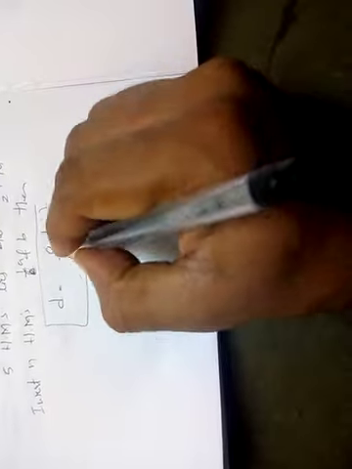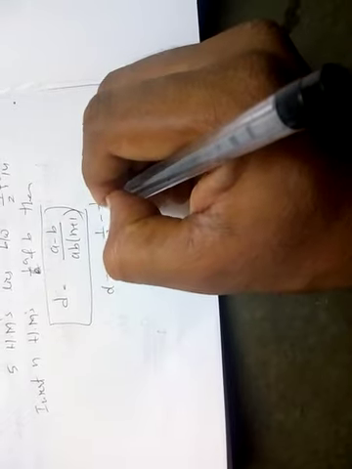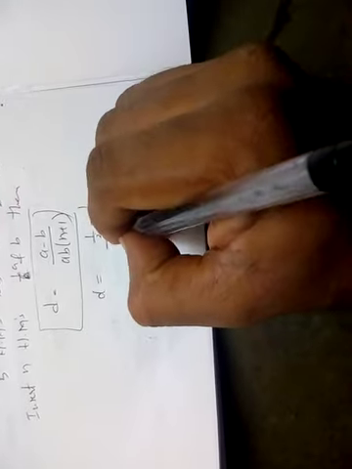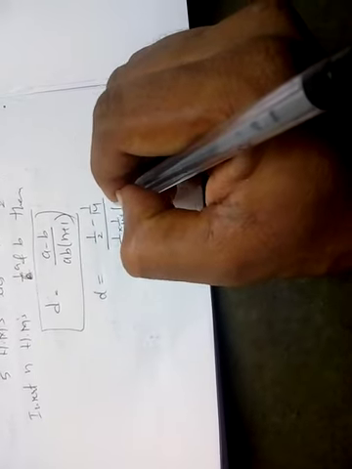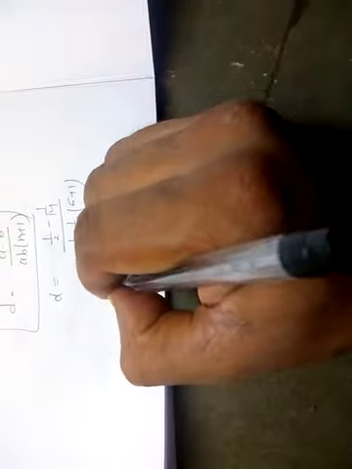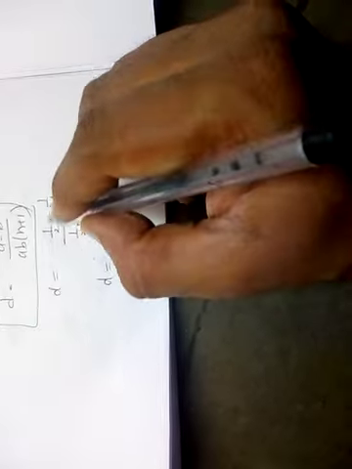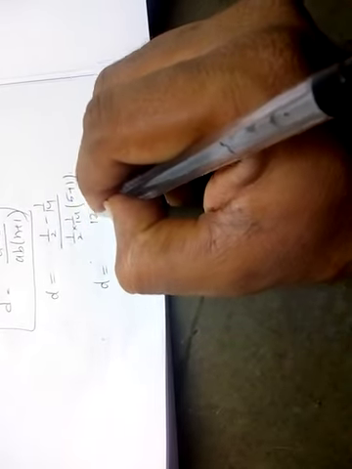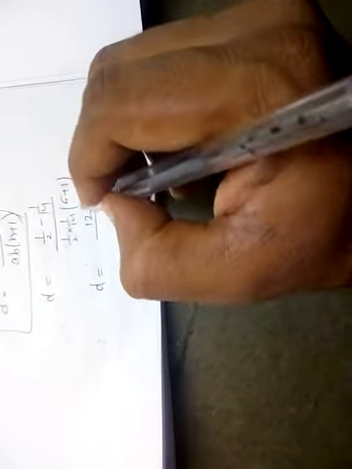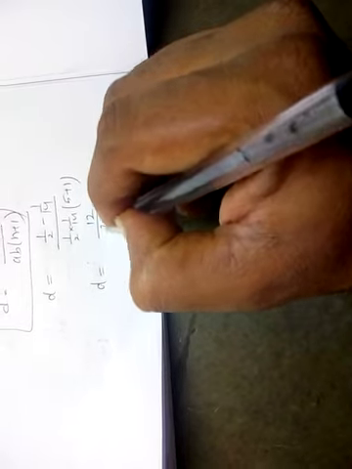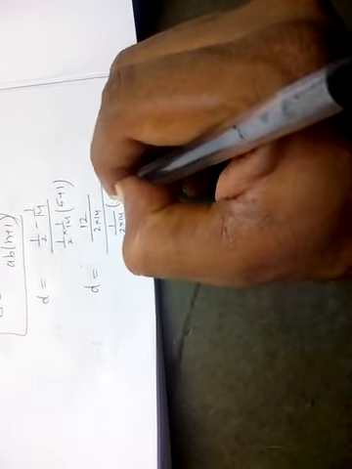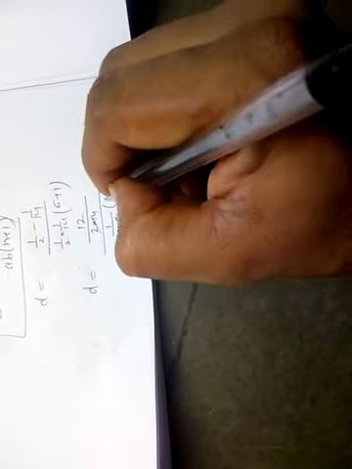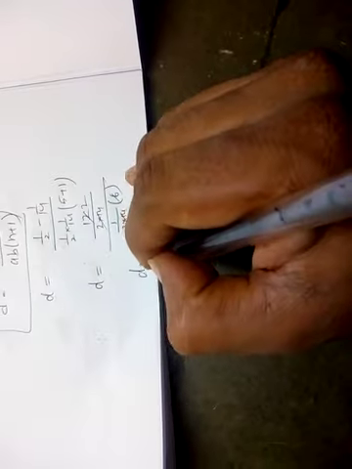So D is equal to (1/2 minus 1/14) by (1/2 into 1/14) into (5 plus 1). So D is equal to (14 minus 2)... 12 by 2 into 14 into 6, which gives D is equal to 2.